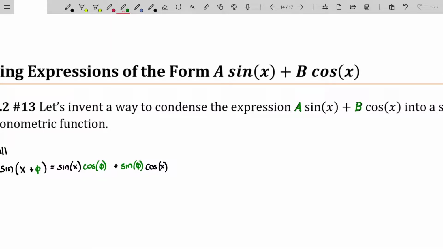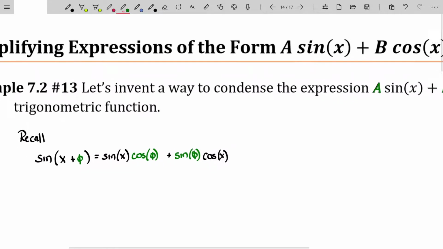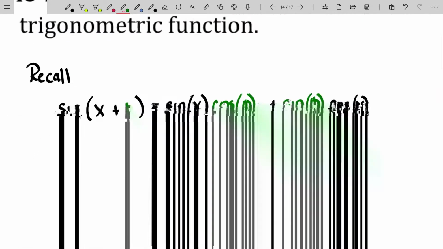If we can rewrite or compress a and b into trig functions, then we might be able to write that expression as a single trig function, sine of x plus some weird angle phi.